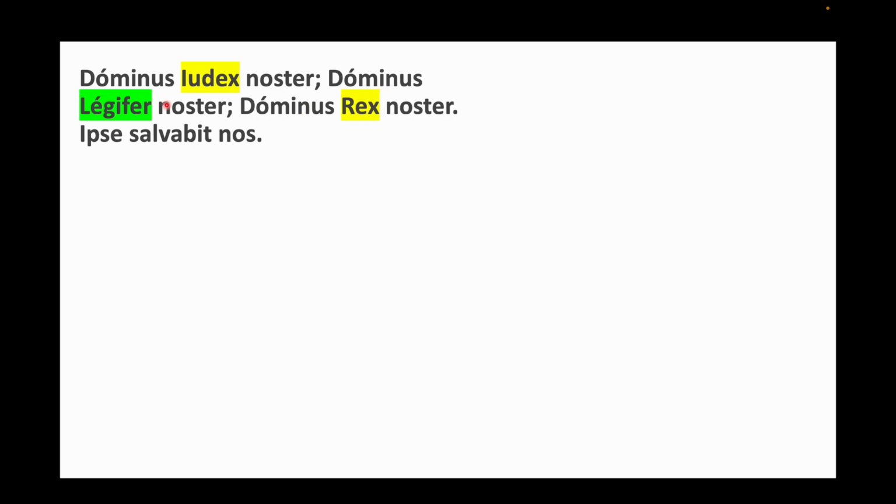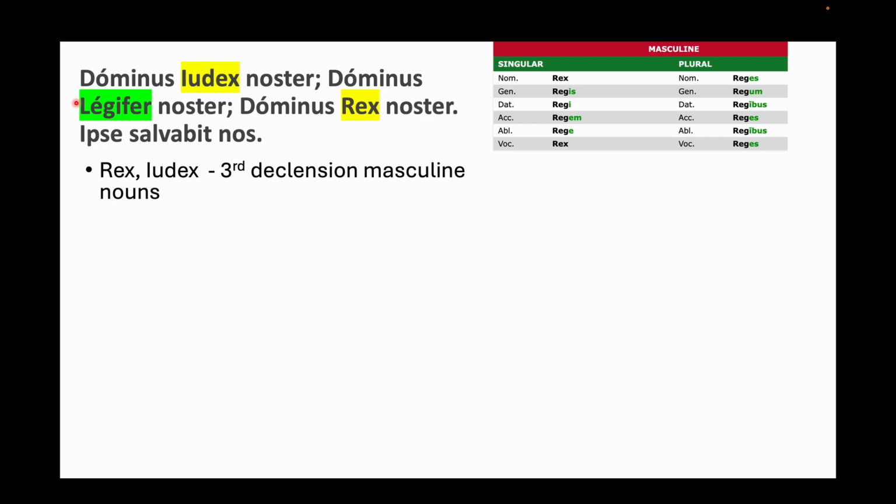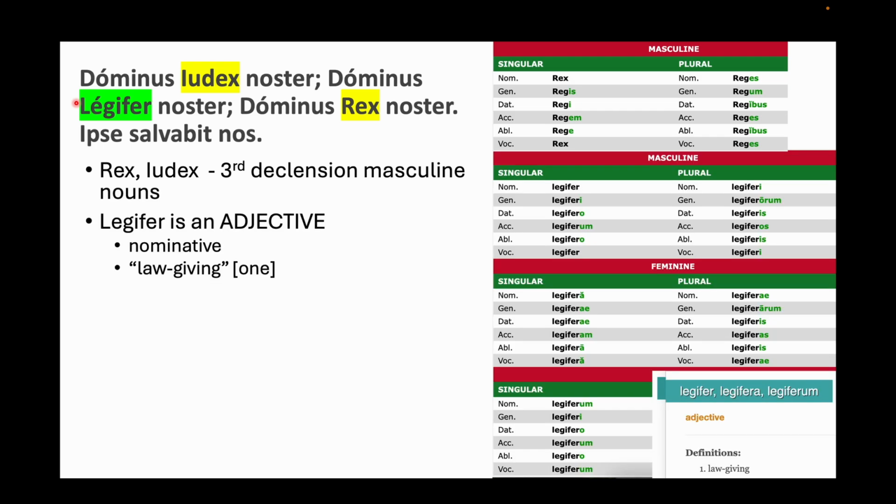Rex means king. Legifer, however, is actually an adjective, right? Let me just get this all up. So rex and iudex are third declension masculine nouns, but legifer here is an adjective, and it means law-giving.